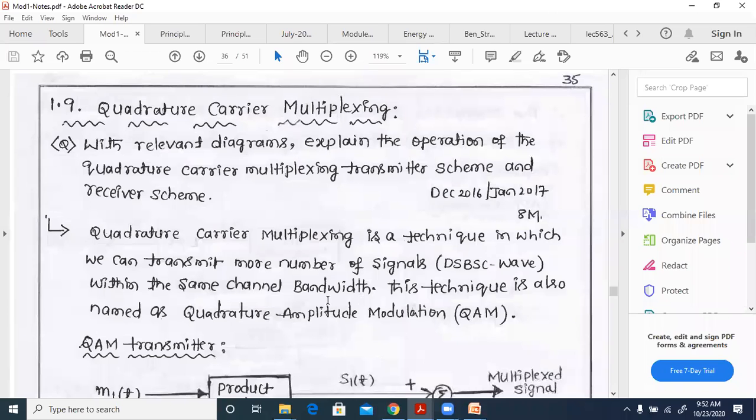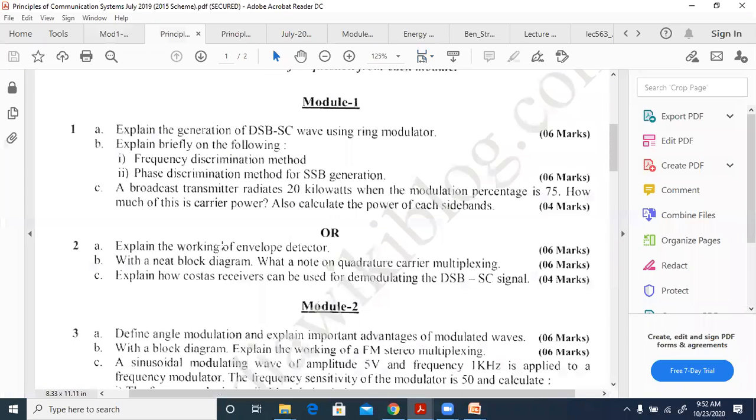QAM and QCM are both the same. Then explain how a Costas receiver can be used for demodulating the DSBSC signal. Again, this we have already studied. It was there in the earlier question paper also. So that can be solved very easily.